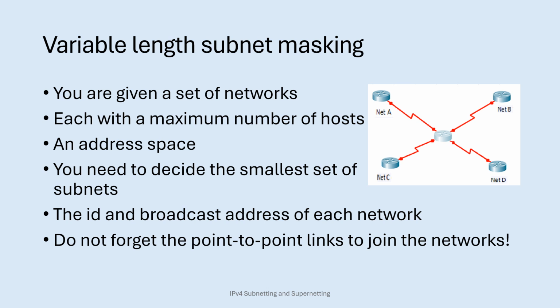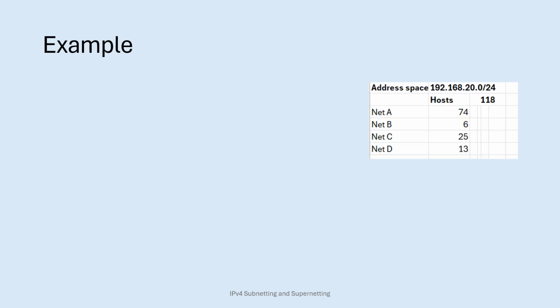What's critical here is when you're given the number of hosts, you will decide on the smallest subnet, because you want your subnets to be small and secure. And then we will calculate the subnet ID and the broadcast address for each network. Don't forget the links.